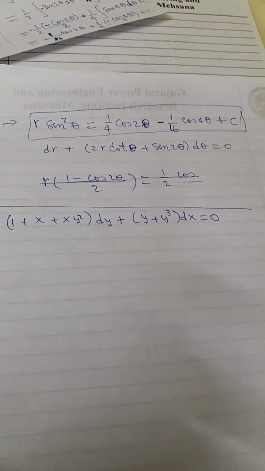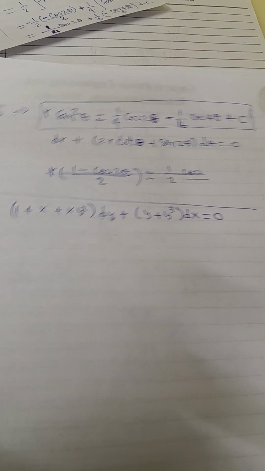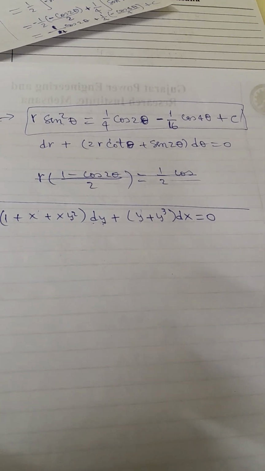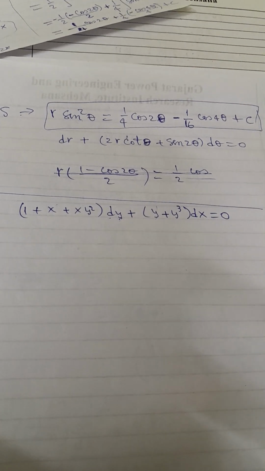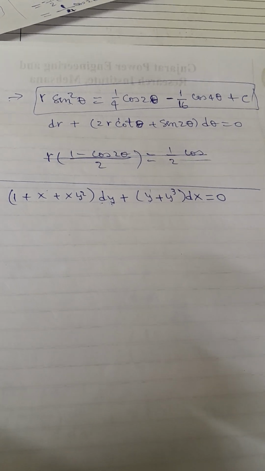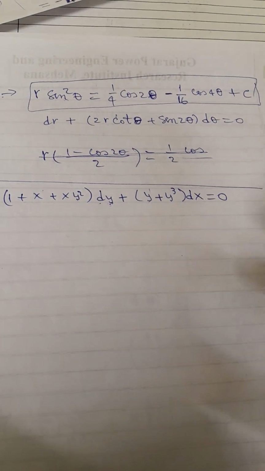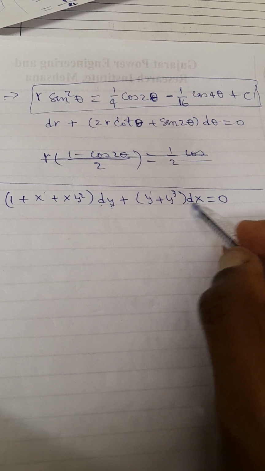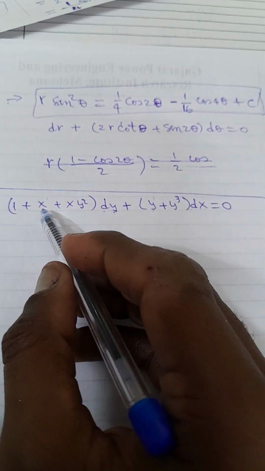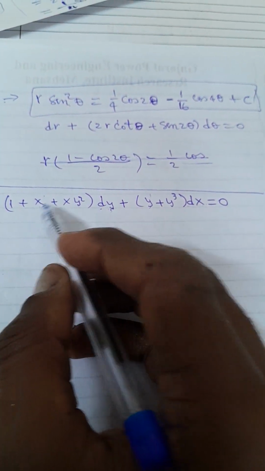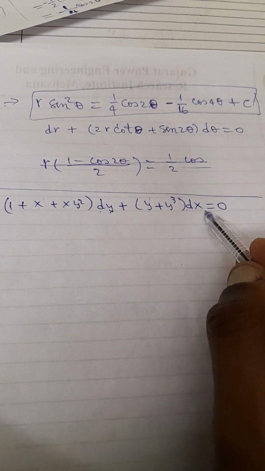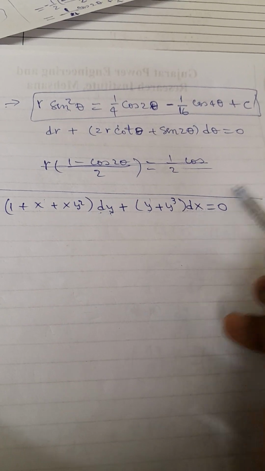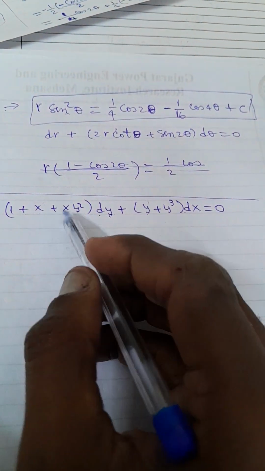Now we can apply the method for a linear differential equation. Who will be our dependent variable? x will be our dependent variable. Why? Because the derivative of x is linear, and here we have linear x. Both the derivative of x and x as the dependent variable are linear.